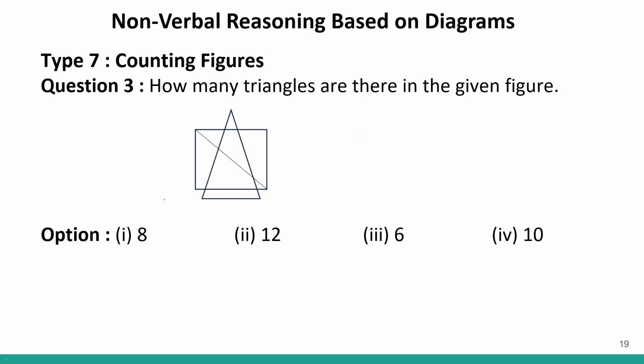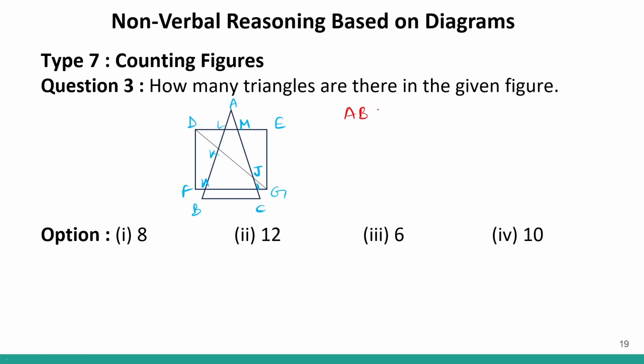Okay. Now, how many triangles are there? Triangles. Let me give them numbers. So if this is A, B, C and we have D, E, F, G and let's say K, J, H, I, L, M. Okay. So I've given them names. Now, the first I can see is this big one, ABC.